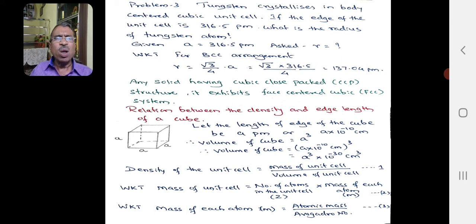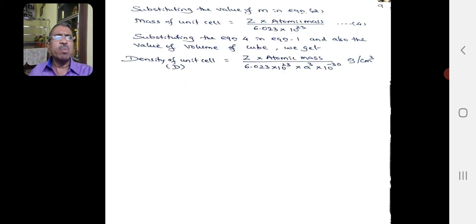Let us call this equation number 2. We know that mass of each atom, small m, is equal to atomic mass divided by Avogadro number. Let us call this equation number 3.